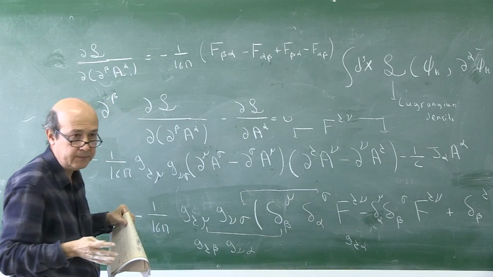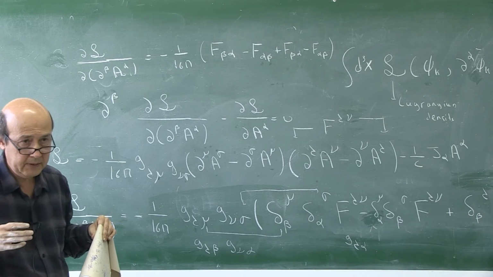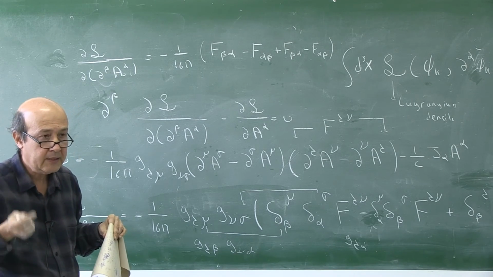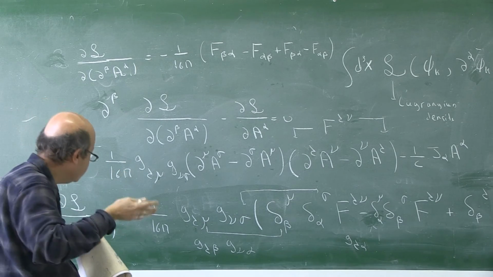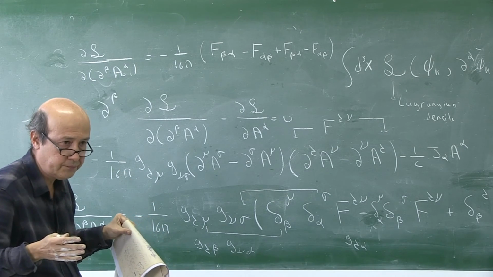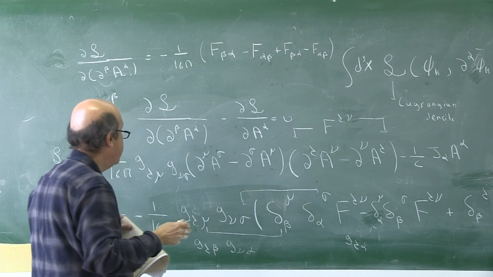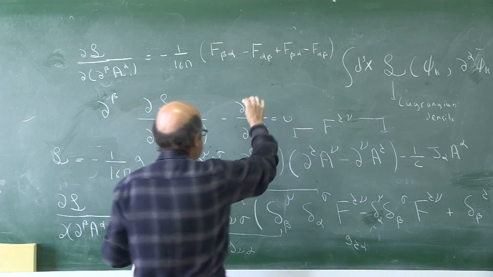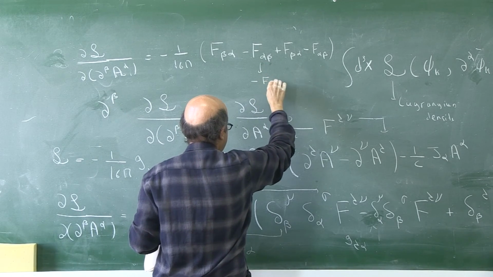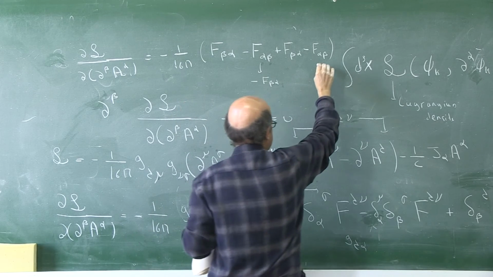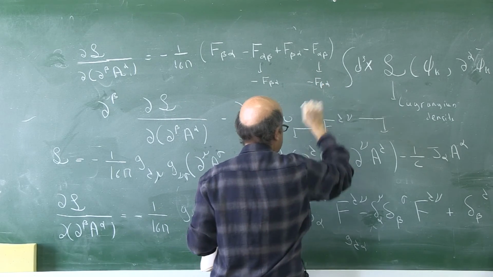Is it 0 or not? What is the property of the f alpha beta? Field strength tensor. It's an antisymmetric tensor, sorry. Okay, so field strength tensor is antisymmetric, so basically this is equal to minus f beta alpha.